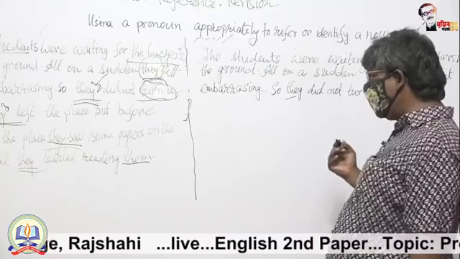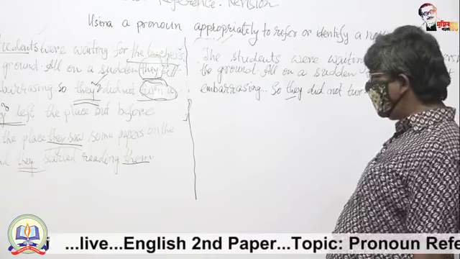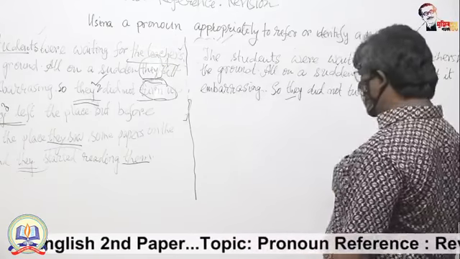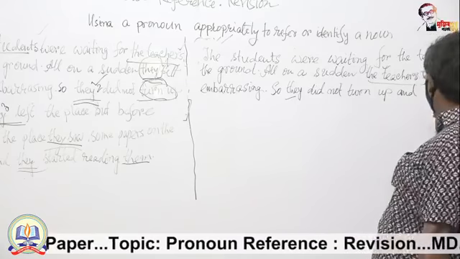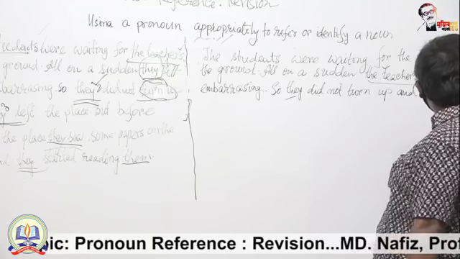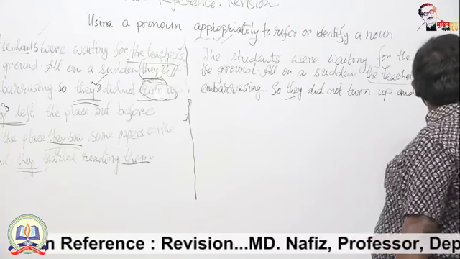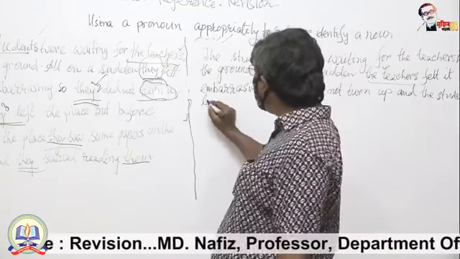The students moved. So leaving the place is done by the students. Therefore, in lieu of the third they, we will write and the students left the place.